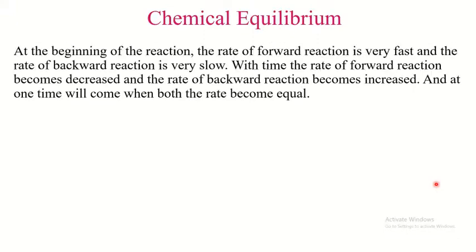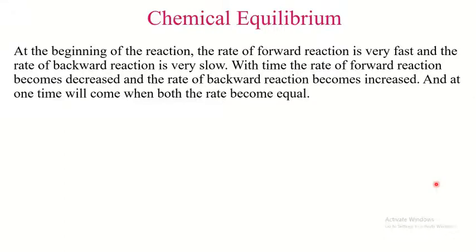In a reversible reaction, at the beginning, the rate of forward reaction is very fast and the rate of backward reaction is very slow. But with time, the rate of forward reaction decreases and the rate of backward reaction increases.